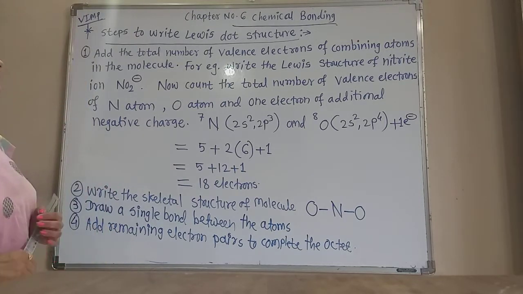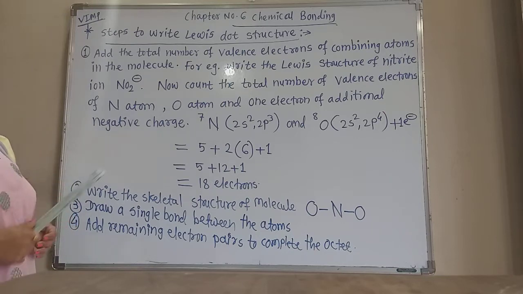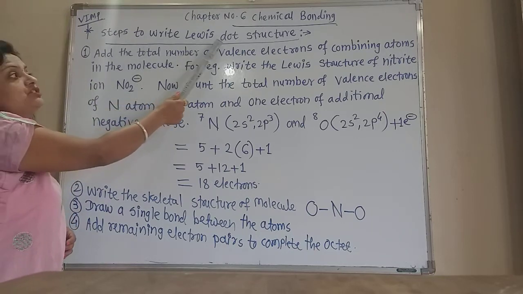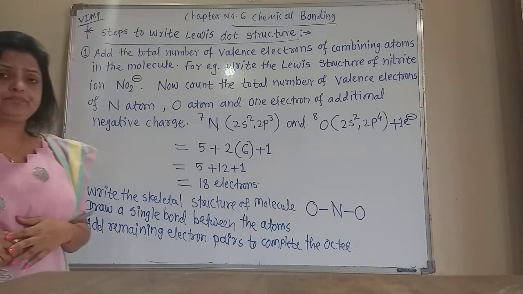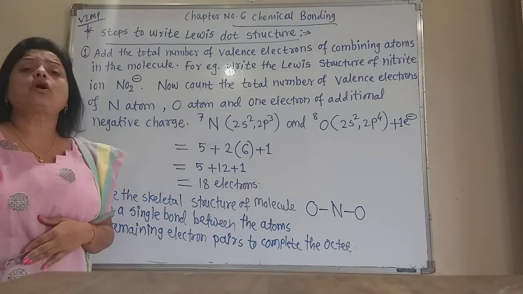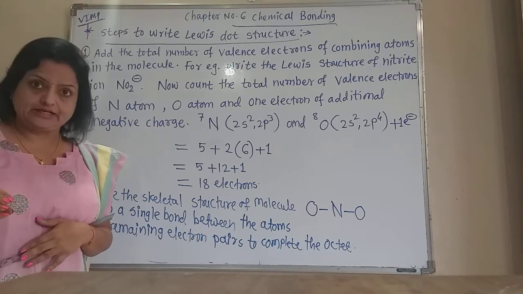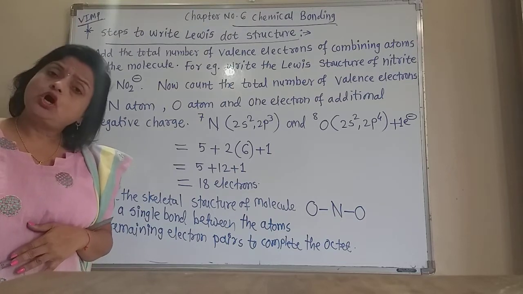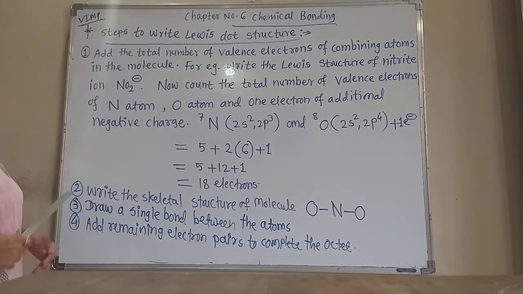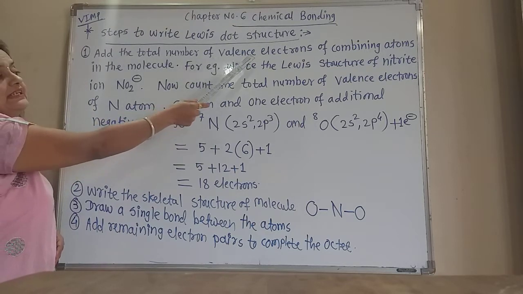In this chapter, chemical bonding, the steps to write Lewis dot structures are given. The first step is always to count the valence electrons of each atom present in the molecule or ion, and add the total number of valence electrons.